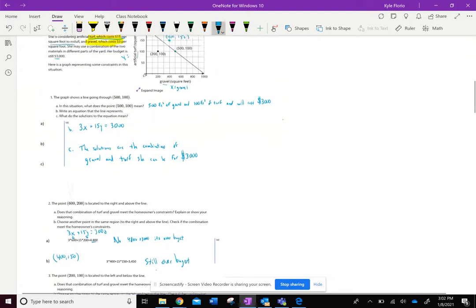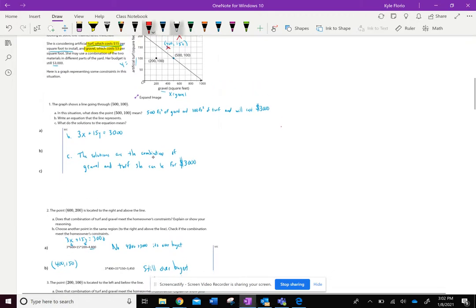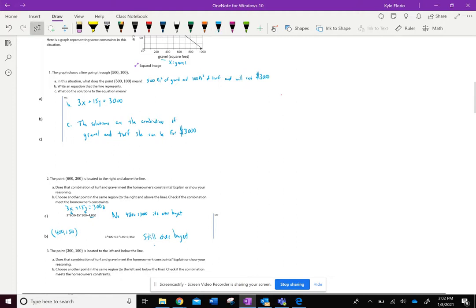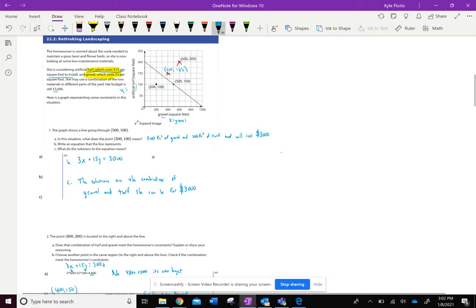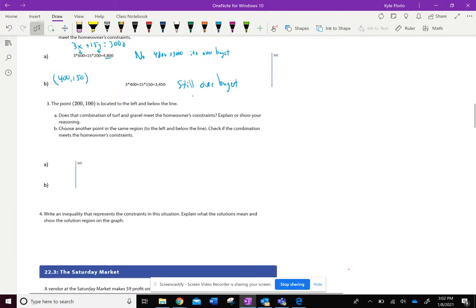So both of these points were over budget. And the point on the line hit our budget exactly. Well, what about the point 200, 100? So this point down here, under the line, does that meet our constraints? Does that keep us under our budget? So our equation is still $3 for each square foot of gravel plus $15 for each square foot of turf, and our budget is $3,000.